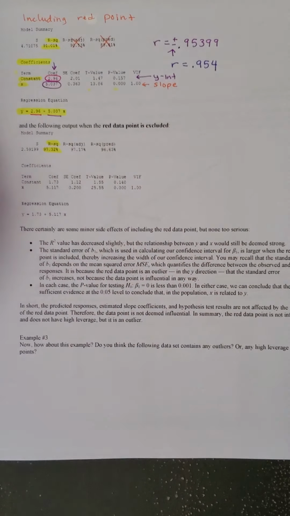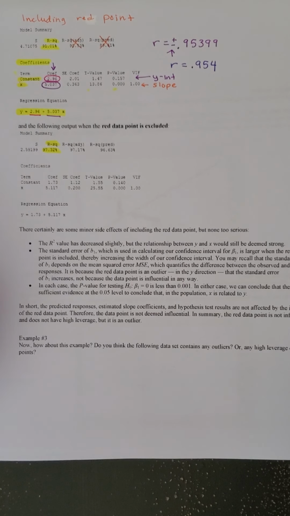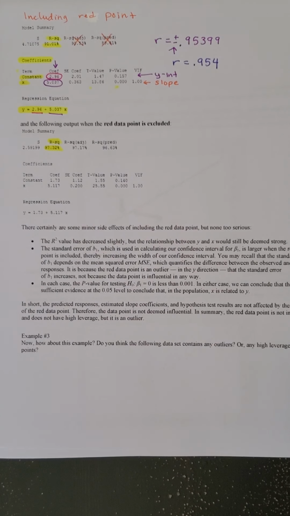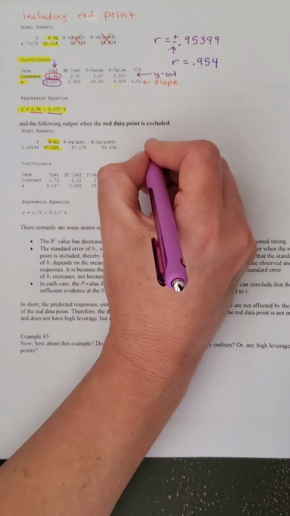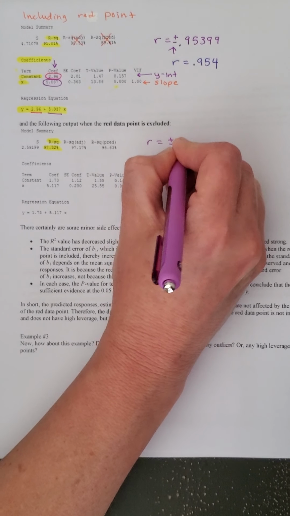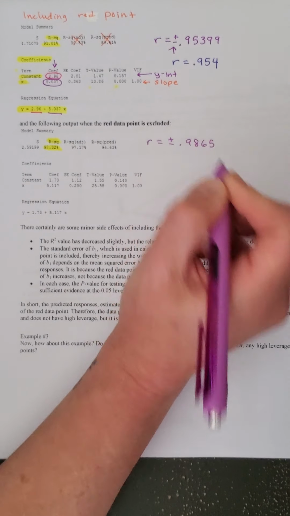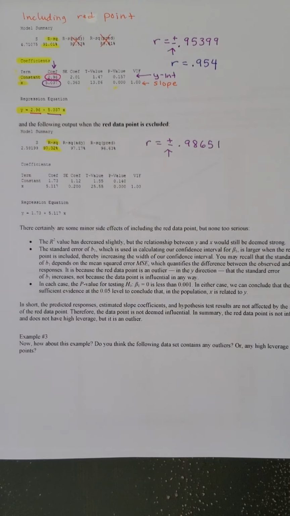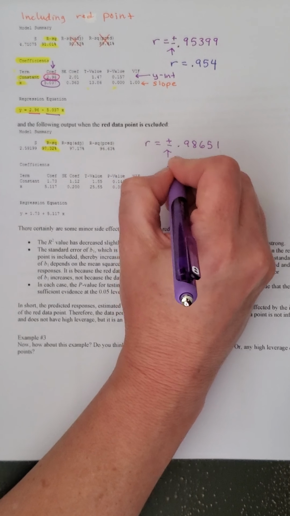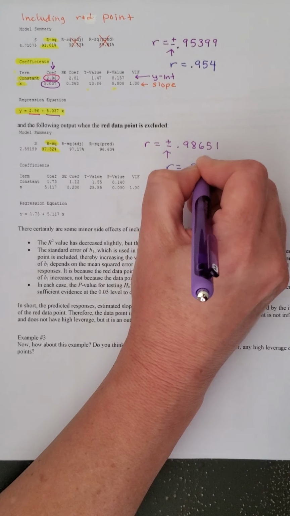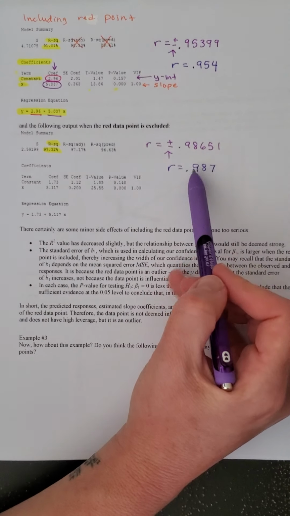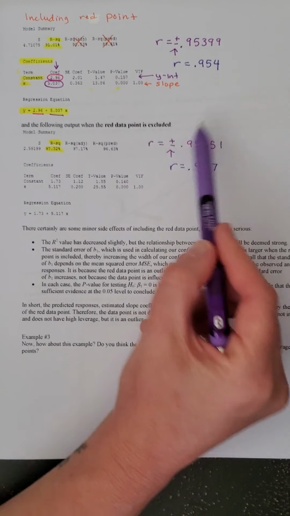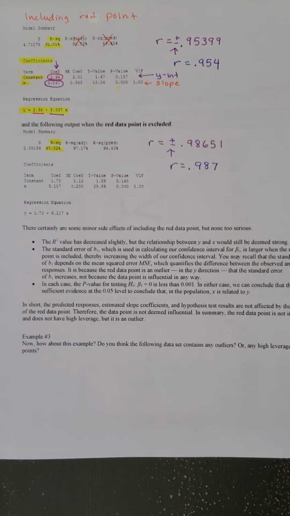Again, we would just square root 0.9732, which would give me an r value of plus or minus 0.9865, right? Again, because my correlation is positive, this would be r equals 0.987. But regardless, it's still a strong correlation. It does increase when we remove that red point, but it's still strongly correlated.